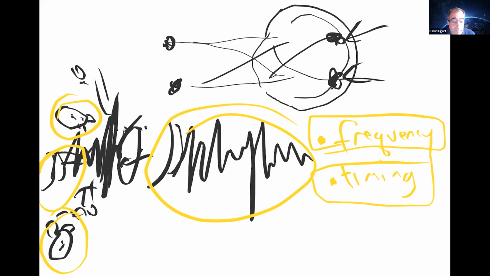And a big part of that is these active hair cells that are doing kind of motor stuff within your ear. So just putting that out there. The reality of the tuning in your ear is more complicated than just the mechanical resonance of the basilar membrane. So this is frequency and timing, or temporal information.